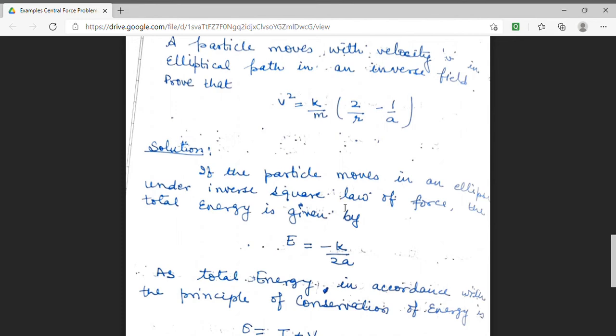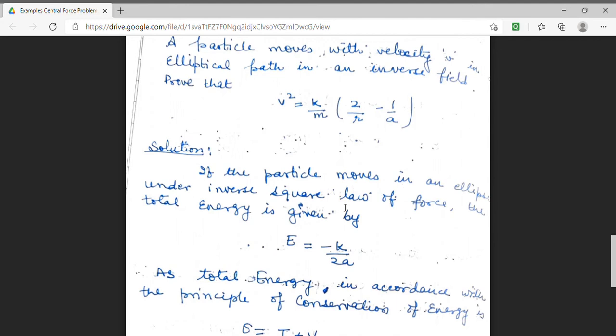So we have to determine the value of velocity square and prove that it is k by m multiplied by 2 by r minus 1 upon a. Here all these factors k and m are constant, and a is the semi-major axis of the elliptical orbit.